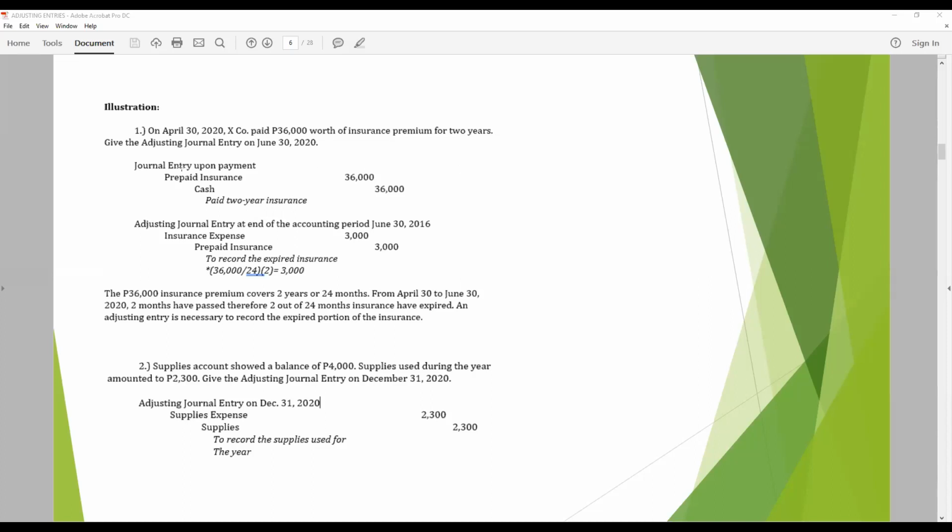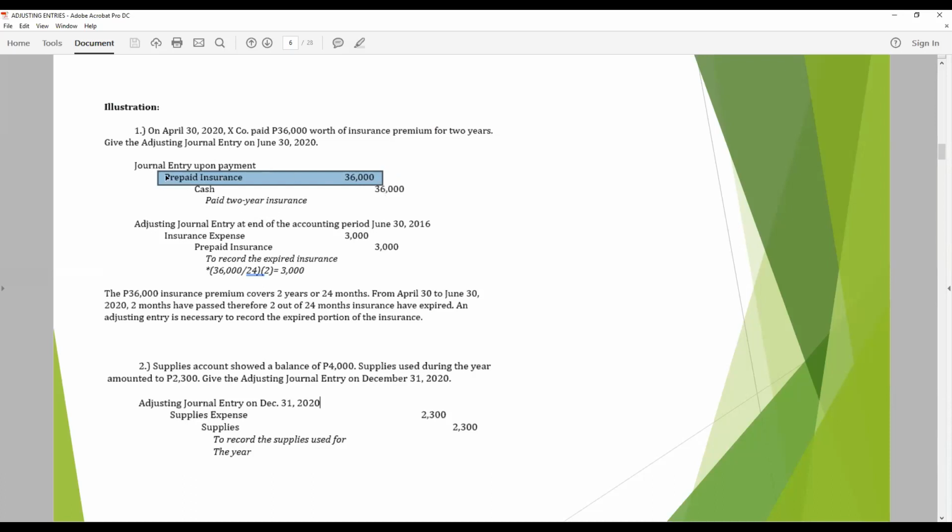So ang journal entry upon payment is debit prepaid insurance for 36,000. So if you notice, you debited the full amount as an asset. Prepaid insurance is an asset account. And credit cash, 36,000, for 2 years insurance.